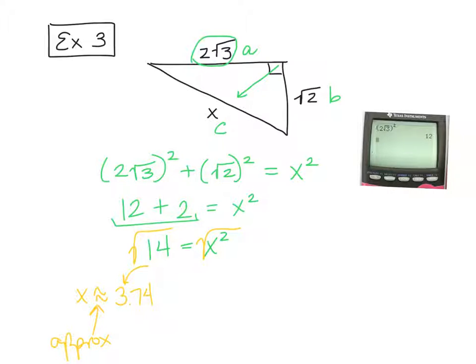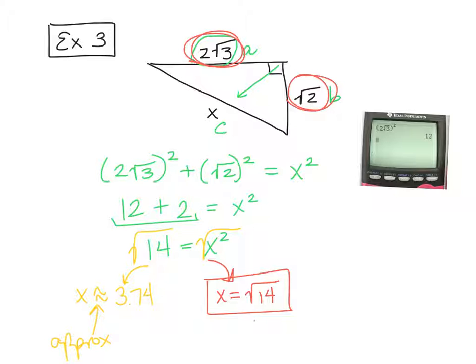You can do that, but notice that in our original problem we had square roots in the sides, which means we can leave square roots in the answer. So on this one, we can just say that x equals the square root of 14, since it doesn't give us a pretty number. This is an example of the exact answer. It's not rounding a decimal, it's exactly what it should be, which is the square root of 14. All right, so have those notes and we'll work on this tomorrow.